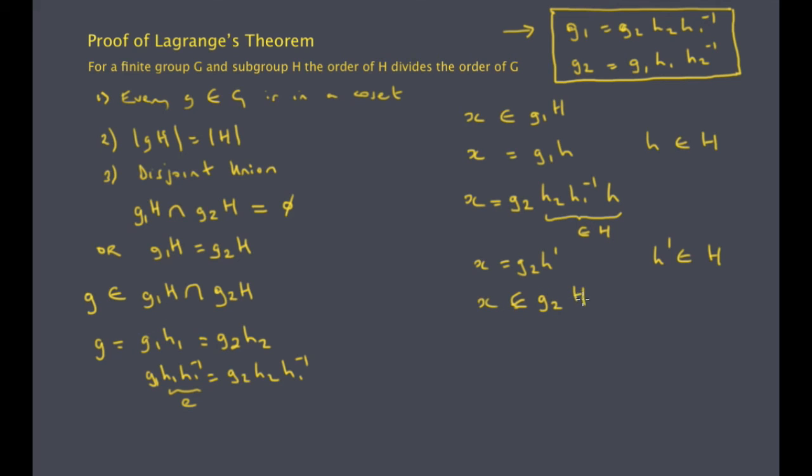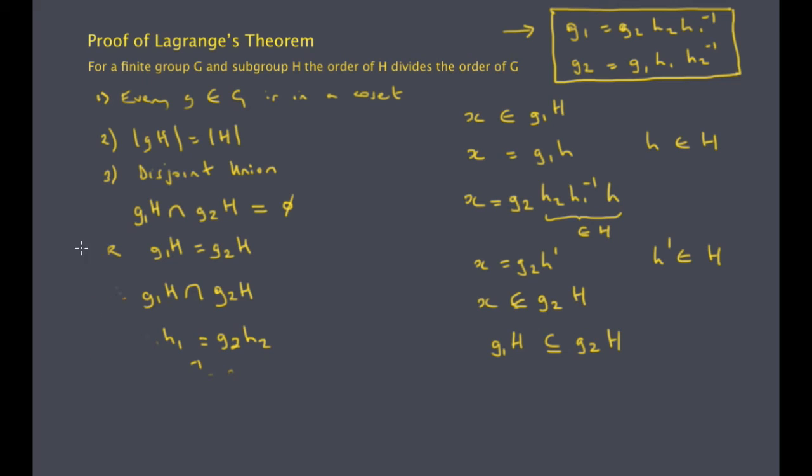But of course x was in the g1 coset because we chose it to be so. So what we can infer from this is that x is in both cosets, so the g1 coset must be a subset of the g2 coset. Now you probably can see pretty much where this is going now.